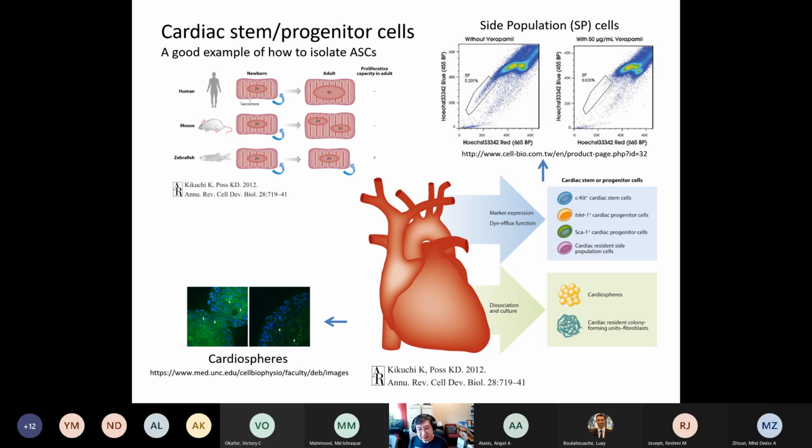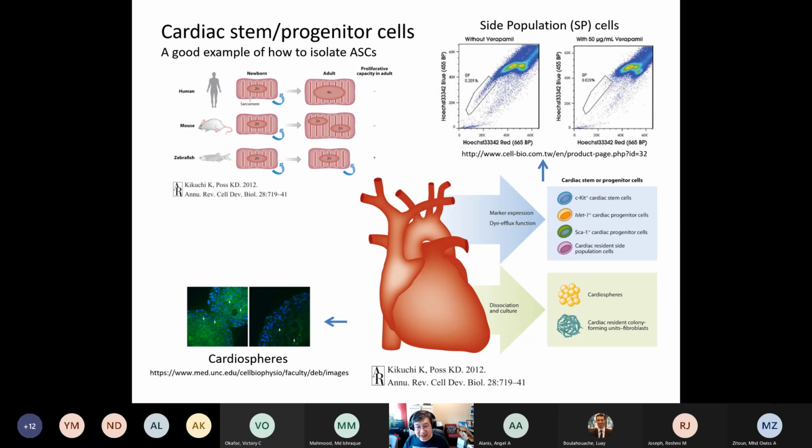Basically, in this technique, what we're trying to do is get a heart minced, cut into pieces, and then make a single cell suspension from there. You can incubate the tiny pieces with certain enzymes, such as trypsin or collagenase. Those enzymes can dissociate tissue, and you can make a single cell suspension, and then you culture the cells in certain conditions.